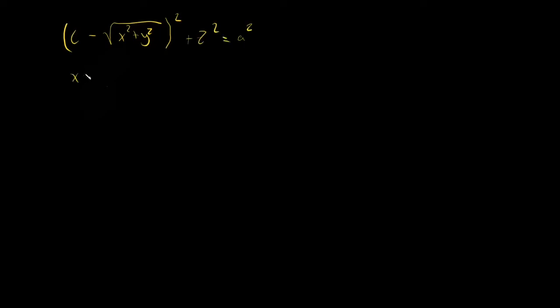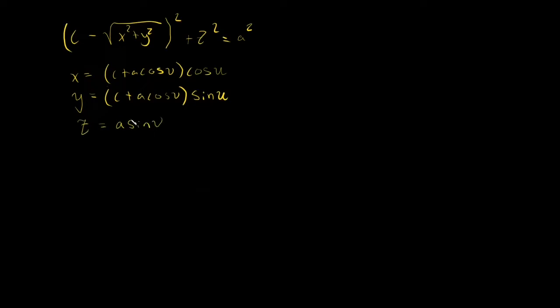And the parametric equations are x equals (c plus a cosine v) times cosine u, y equals (c plus a cosine v) times sine u, and z equals a times sine v, for u and v an element of the interval 0 to 2 pi, where 2 pi is not included.